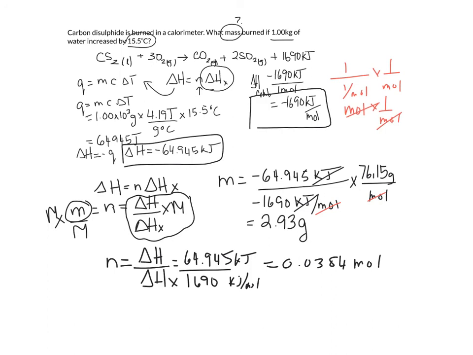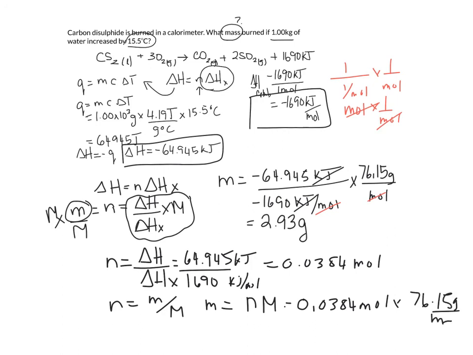Now, we know moles is equal to mass divided by molar mass. So mass is moles times molar mass. So 0.0384 moles times the molar mass of 76.15 grams per mole.